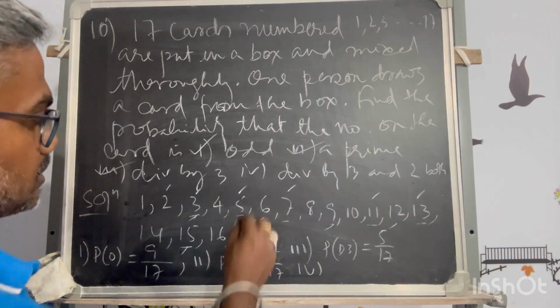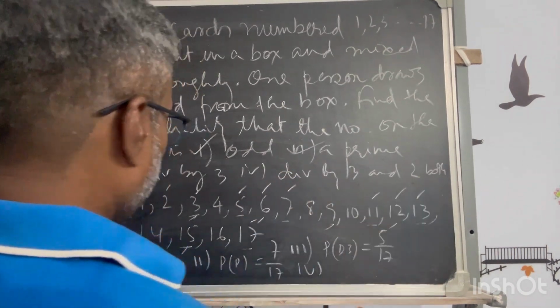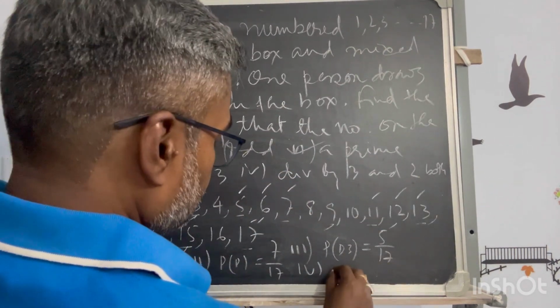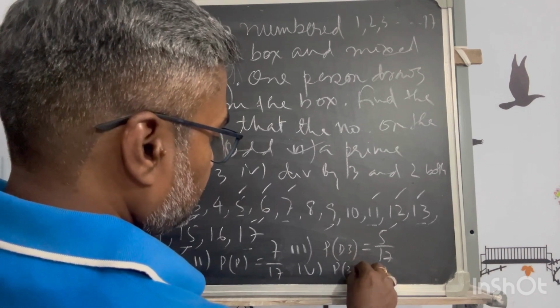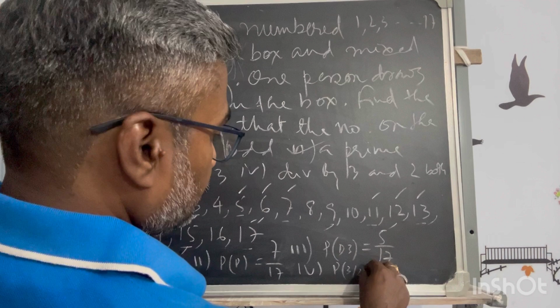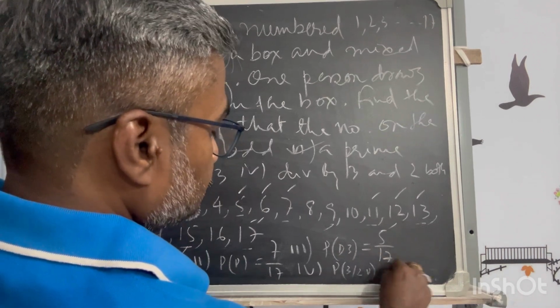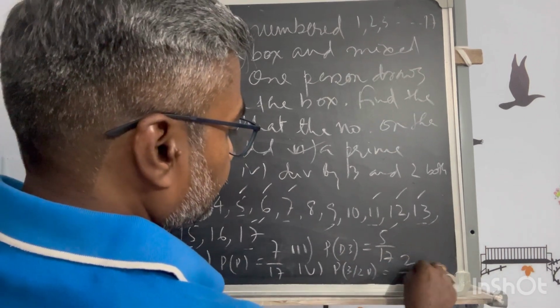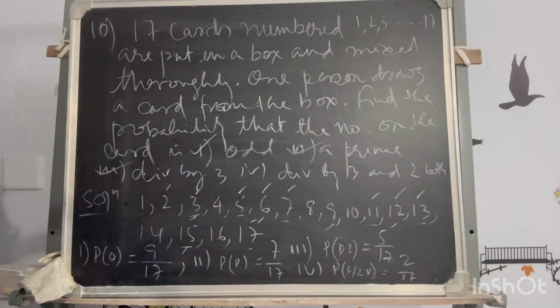So how many numbers? 1, 2, and nothing more. So the probability of divisibility by 3 and 2 is equal to 2 only out of 17. Understood? So this is your probability.